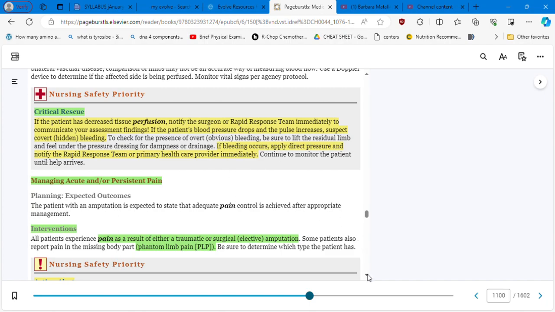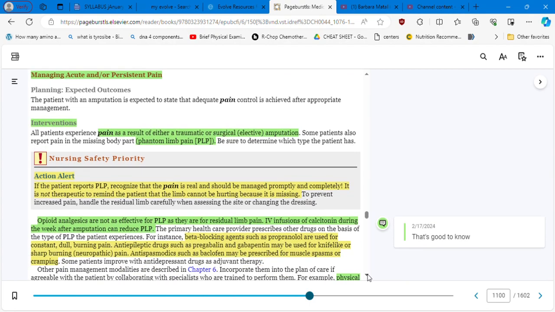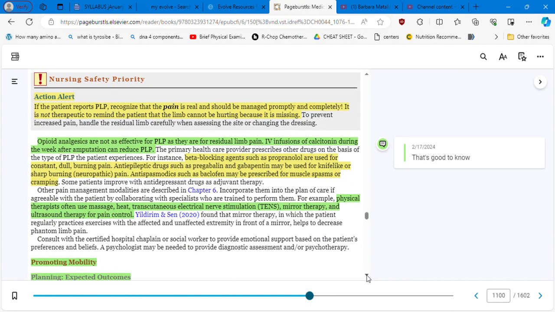So how are we going to manage acute or persistent pain? We need to consider pain as a result of either traumatic or surgical elective amputation. We need to consider if it's a pain from traumatic or surgical amputation, or is a phantom limb pain, right? We need to know which type it is. Action alert.